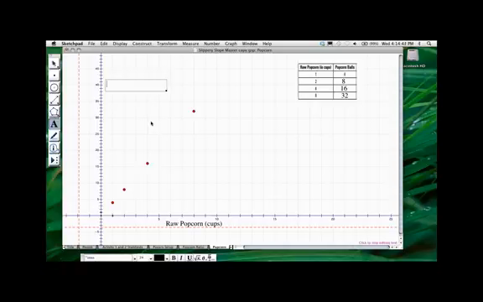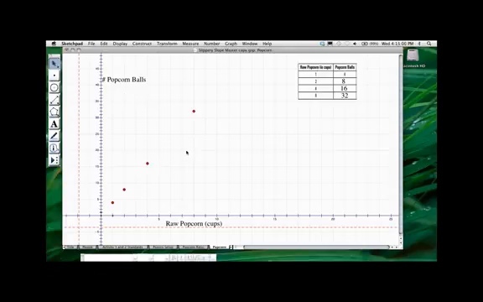I just need to write it horizontally. Maybe a feature for Sketchpad 5.1 can be to rotate this text. Okay, so I've got my axes labeled, and I have my data graphed.